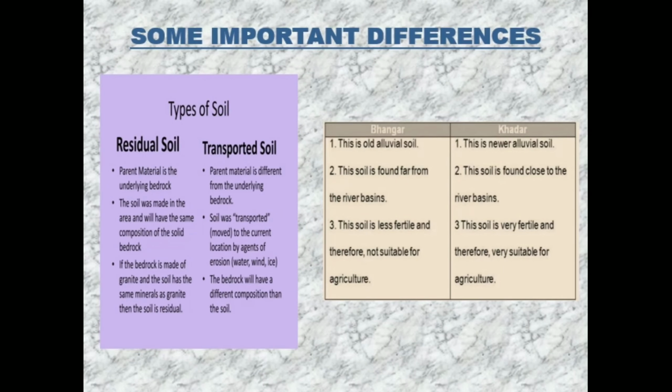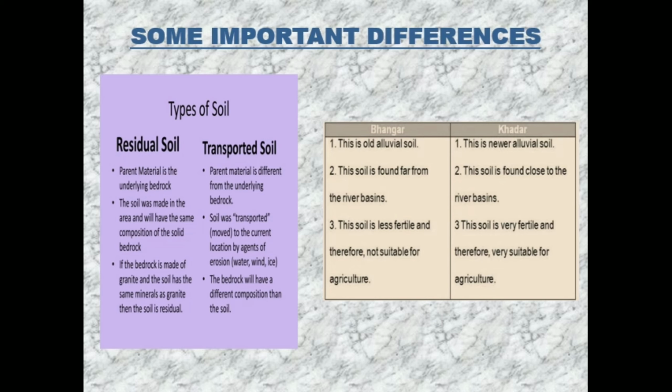Here are some important differences. Residual soil and transported soil. Parent material in residual soil is the underlying bedrock, whereas transported soil parent material is different from the underlying bedrock. The soil was made in the area and will have the same composition of the solid bedrock in residual soil.